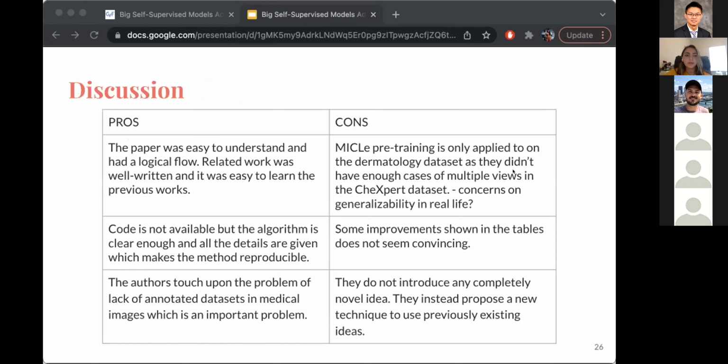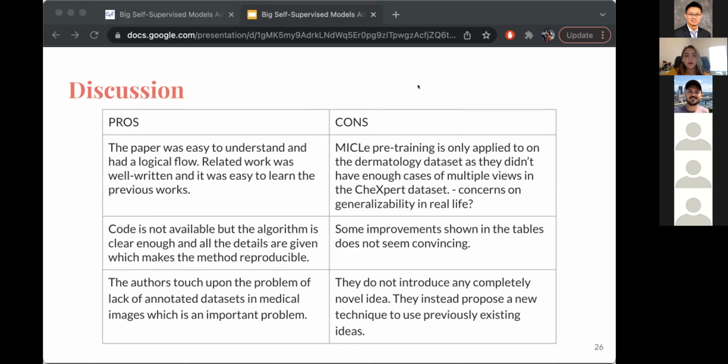My opinions about this paper, the pros: I think it was easy to understand and had a logical flow, and the related work was well written and easy to learn from. But that was also because I had a little background on SimCLR.